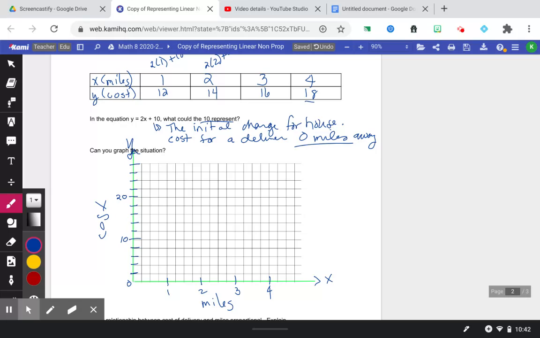Now I'm going to graph my points. I have the ordered pair 1, 12. So I'm going to go to the right one and go up to 12 and plot that point. Then I have 2, 14, 3, 16, and 4, 18.